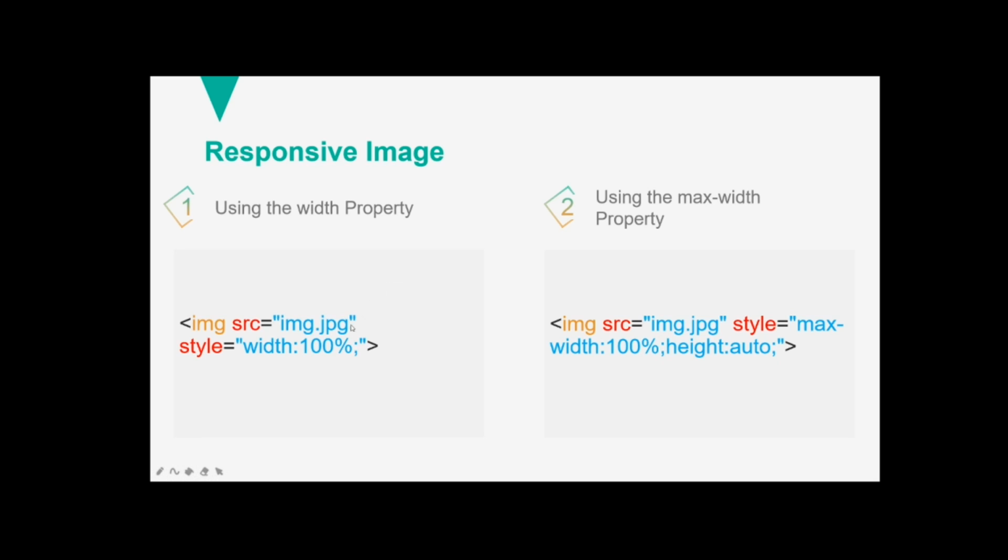So when you use a responsive image using the width property, your image source here will contain an inline style with width equal to 100%, and using the max width property, your image source here contains the style max width equal to 100% and height equal to auto.